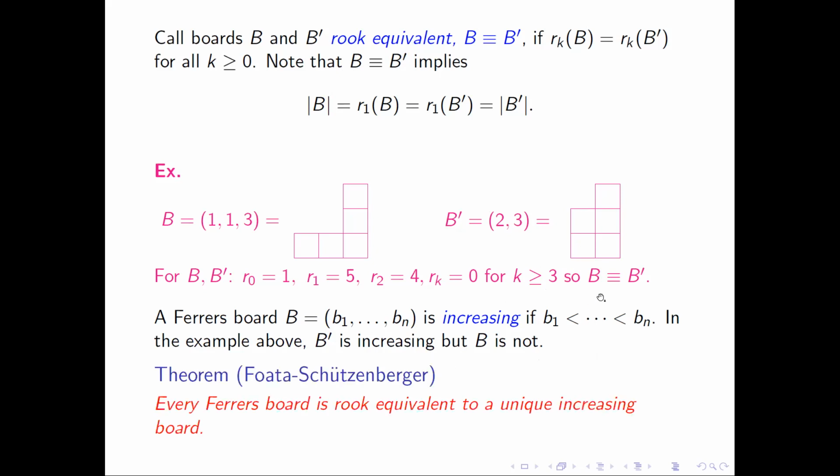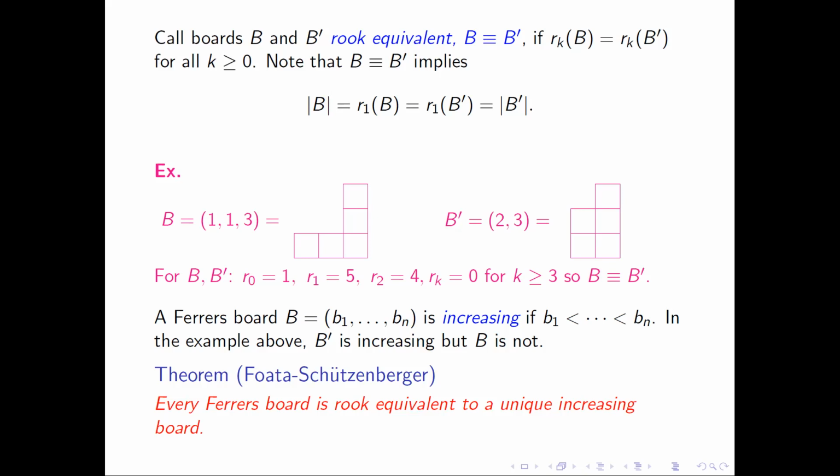It's due to Goldman, Joichi, and White. It says that every Ferrers board is rook equivalent to a unique increasing board.